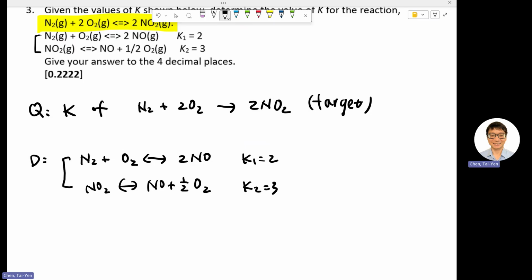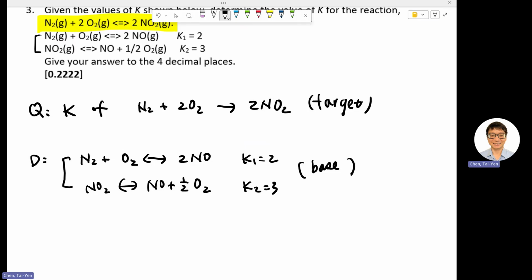The things that you need to know is that you have your two base equations, right? Let's call this our base. So if you look at your target equation, what are your reactants? N2 and O2, right? Product is NO2. So that's the thing that you need to first recognize.